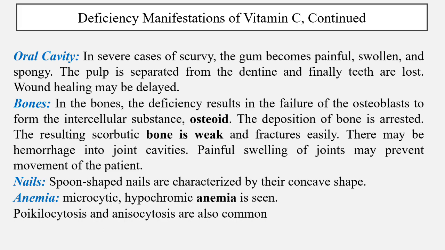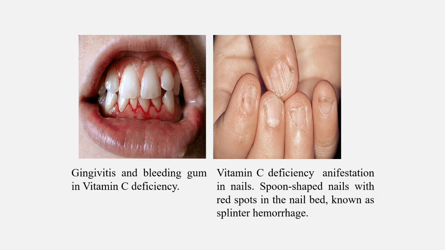Hemorrhages may occur in joint cavities, and painful swelling of joints may prevent movement of the patient. Nails become spoon shaped or concave. Anemia like microcytic and hypochromic anemia is also seen. Here you can see gingivitis, bleeding gums and spoon shaped nails.